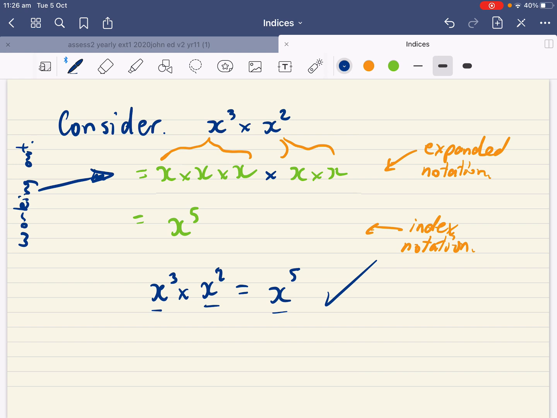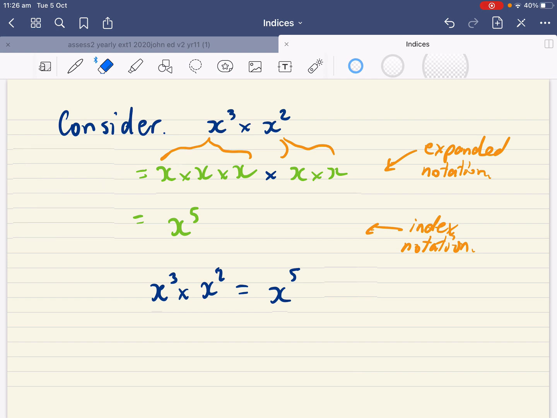So this page is looking a little messy here, but I'll get rid of the stuff that we don't need, just so you know exactly what to get copied into your book. So I actually will get you to get this copied into your books. And I'll just put over here, this is using the index law.